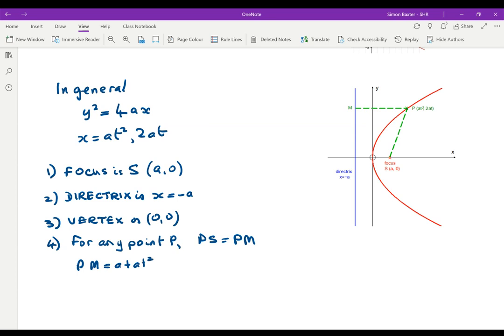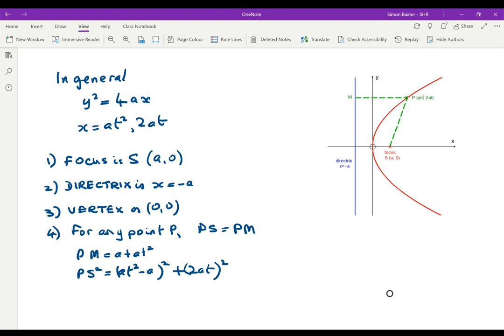To find the distance PS, we look at PS squared, which will be (at squared minus a) squared, plus (2at minus 0) squared.